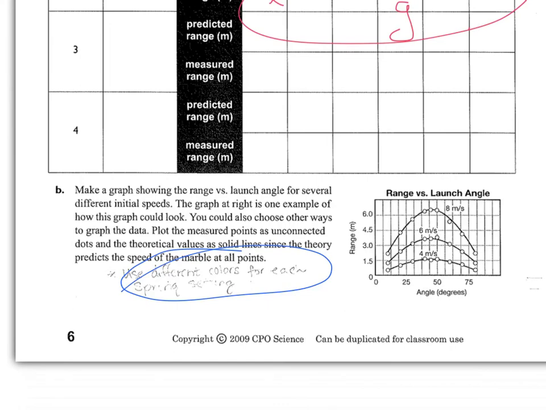You're going to use a solid line for the theoretical values and a dotted line or dashes for your measured points. It's really a great graph to get what's going on if you do it by hand, or at least estimate it by hand, and you can do that right on your iPad. So your goal is to finish this lab in class and then to have it ready for questions on Friday.